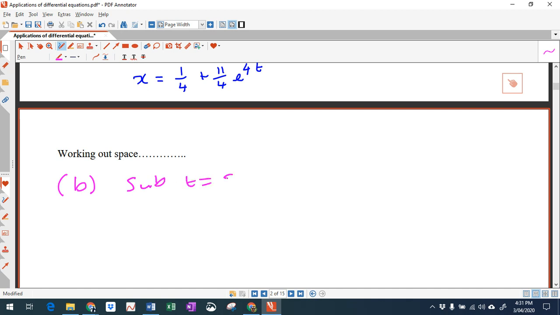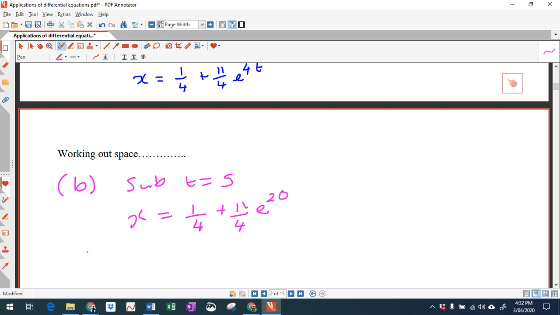So it's going to give you x is equal to 1 quarter plus 11 on 4 e to the 20. And you could factorize that if you wanted to, take out a quarter as the common factor, but that is the exact displacement after t equals 5 seconds.